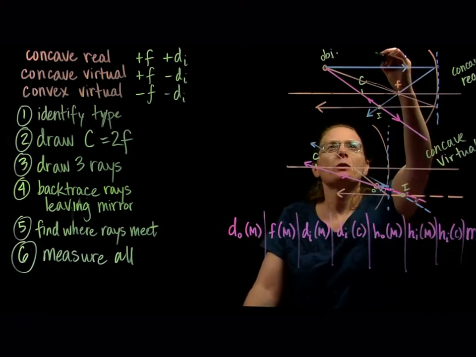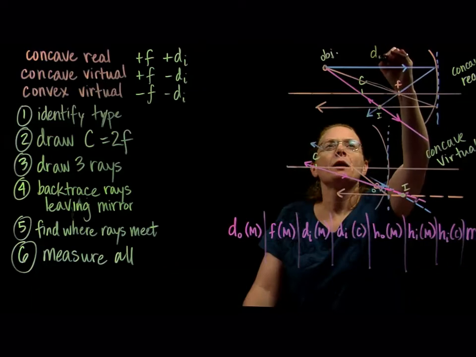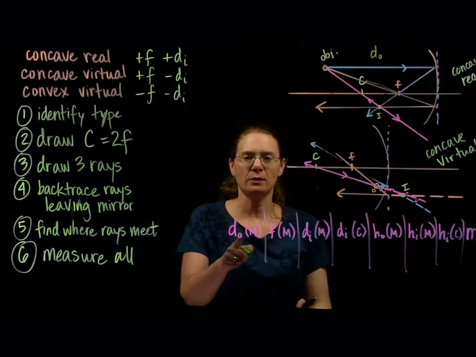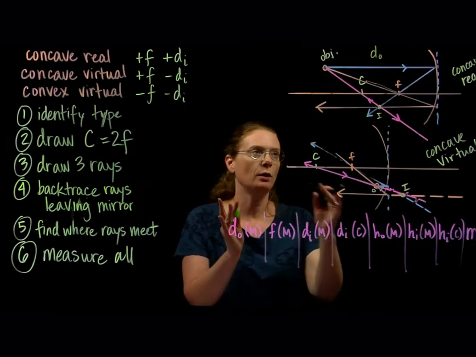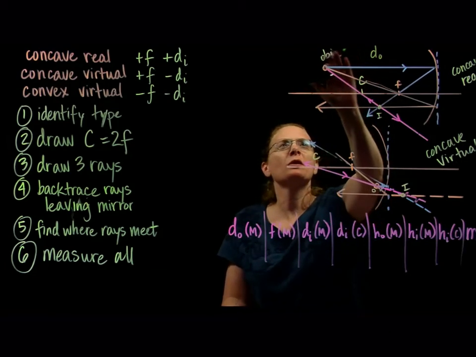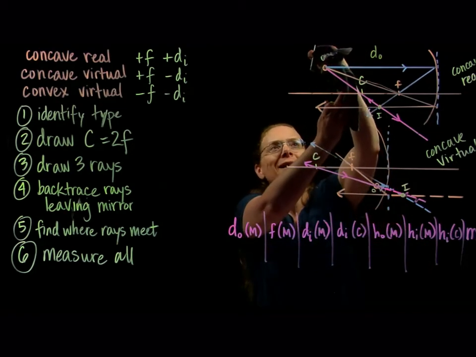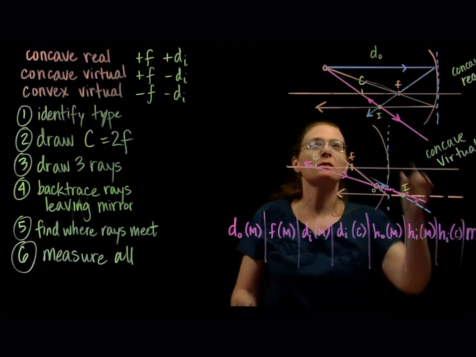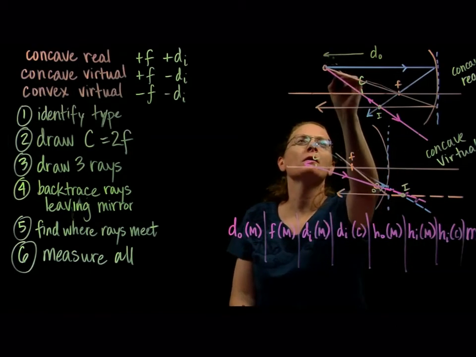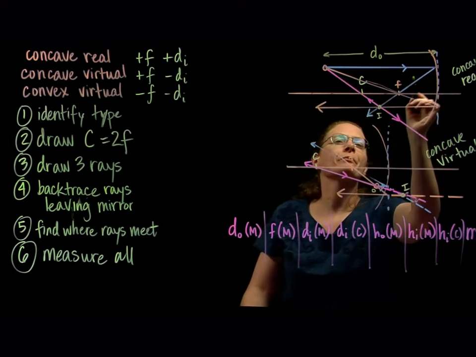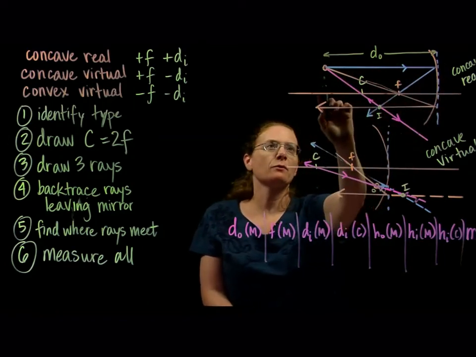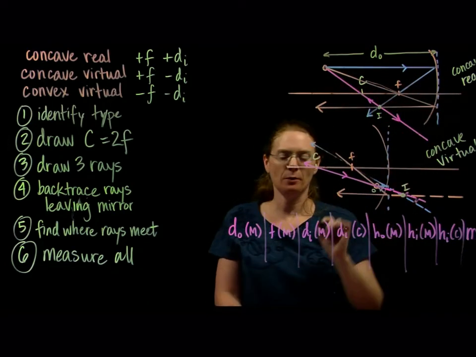So the things we measure, the object distance. Object distance is object to mirror. And that is purely the horizontal distance. So that is just from here to the mirror. So object distance is from that object to the mirror.